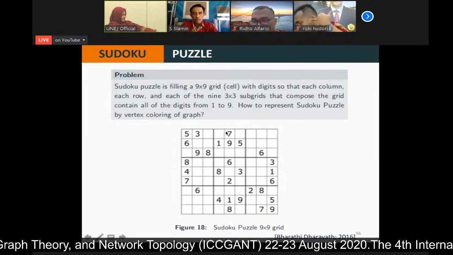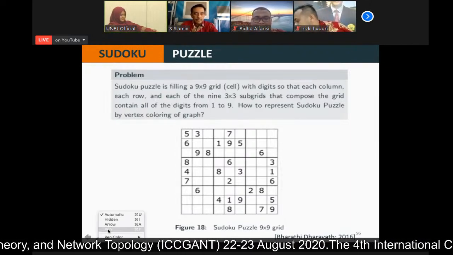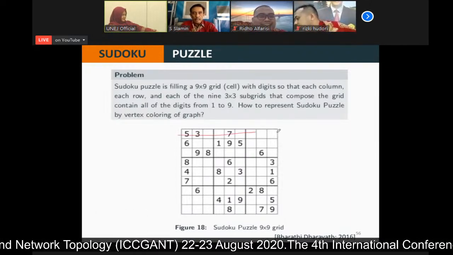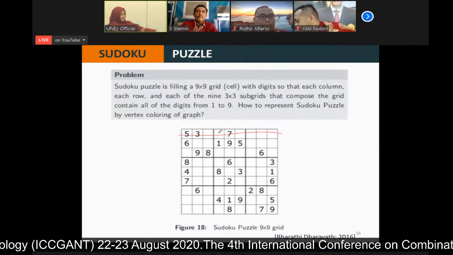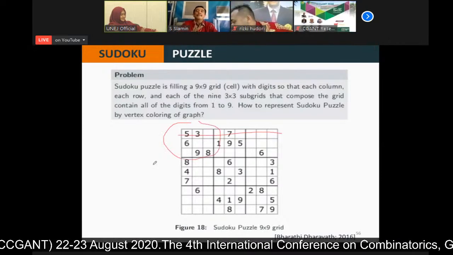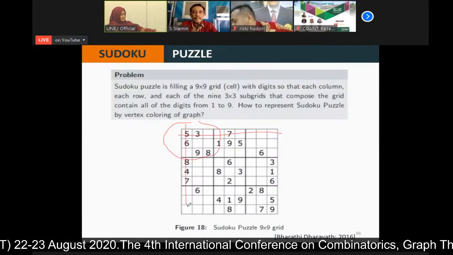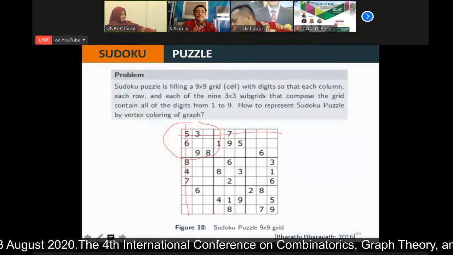I mean, the same number has to appear once in each row, each column, and each subgrid, like this.